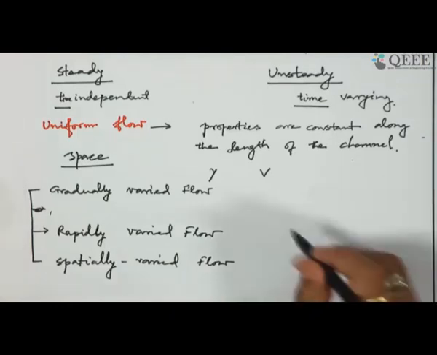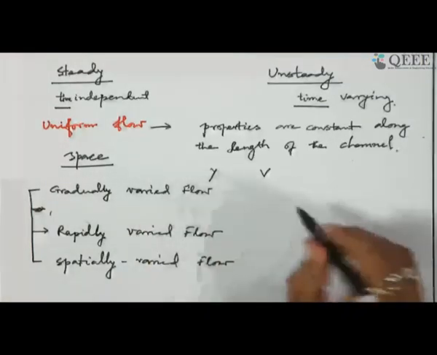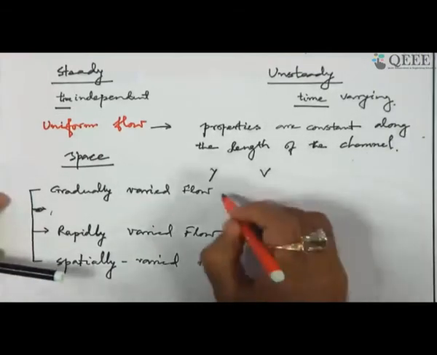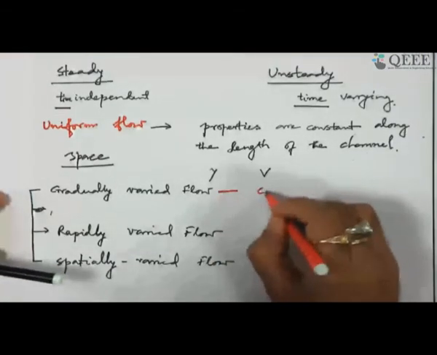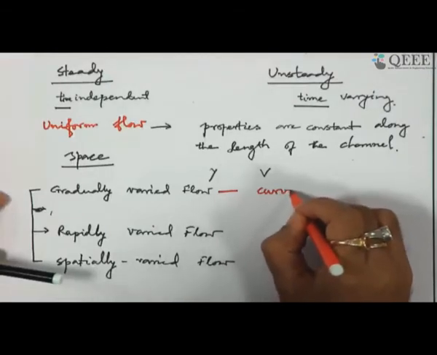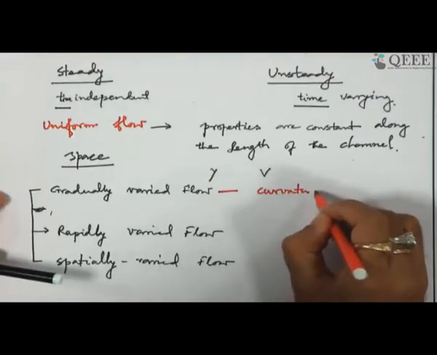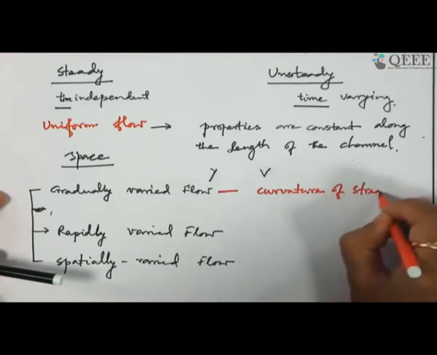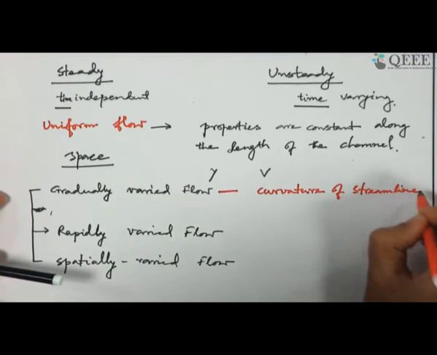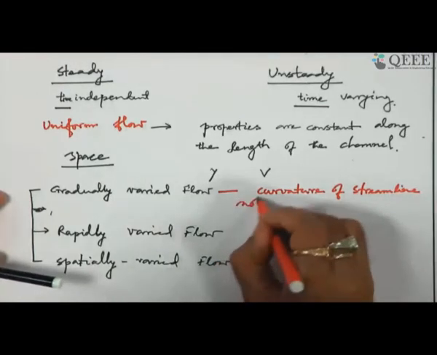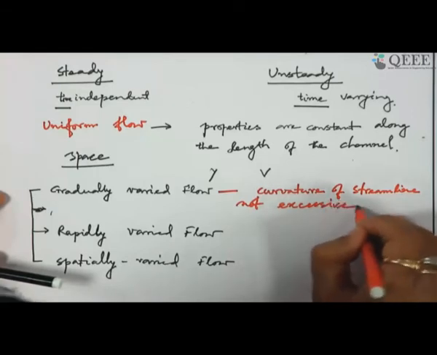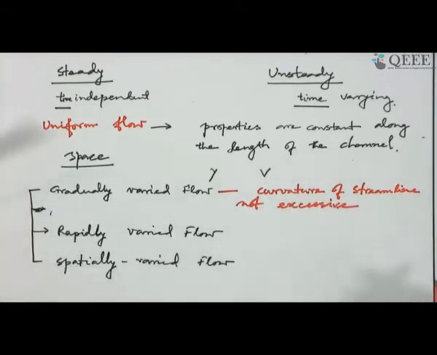In gradually varied flow, we consider the flow condition where the curvature of streamline is not excessive.